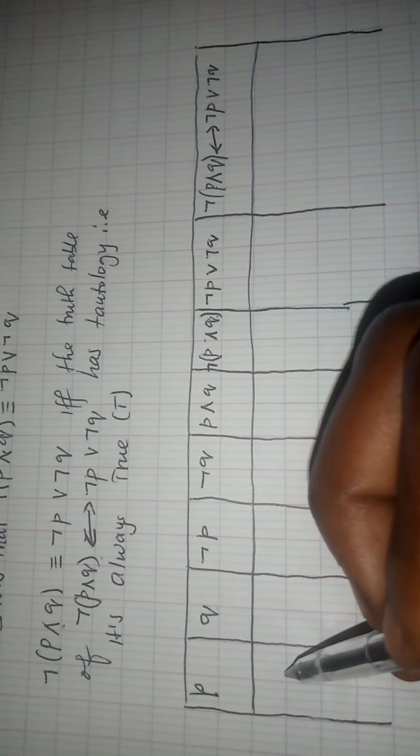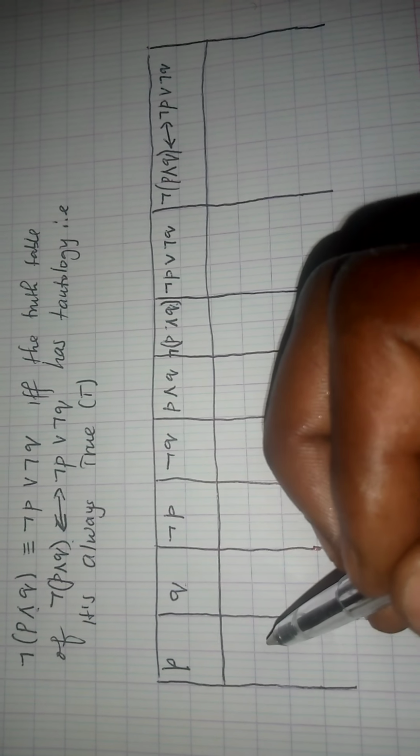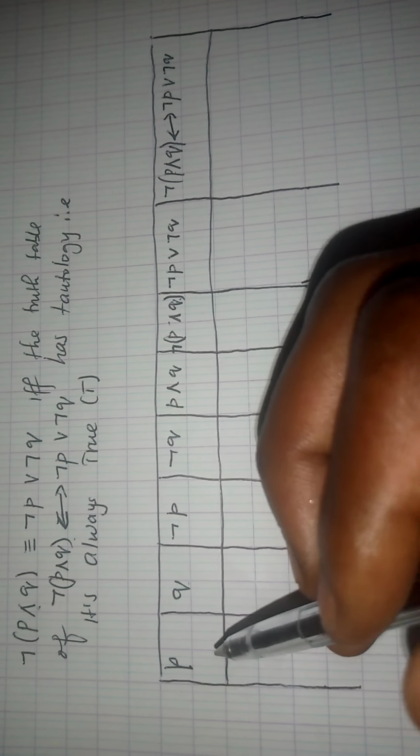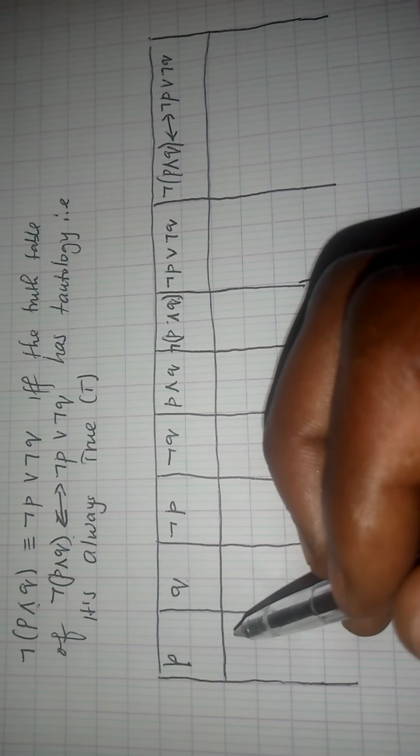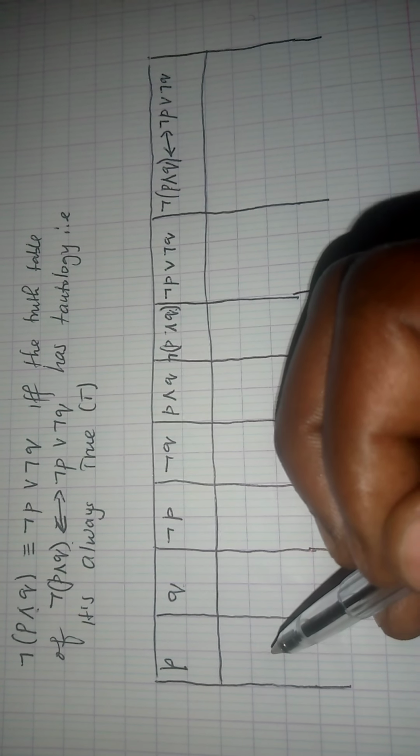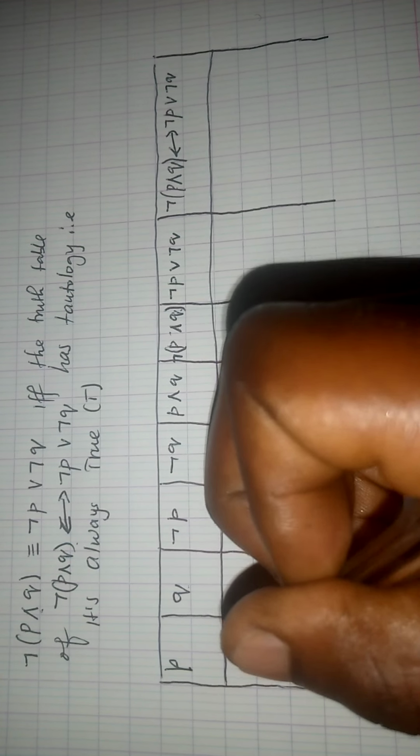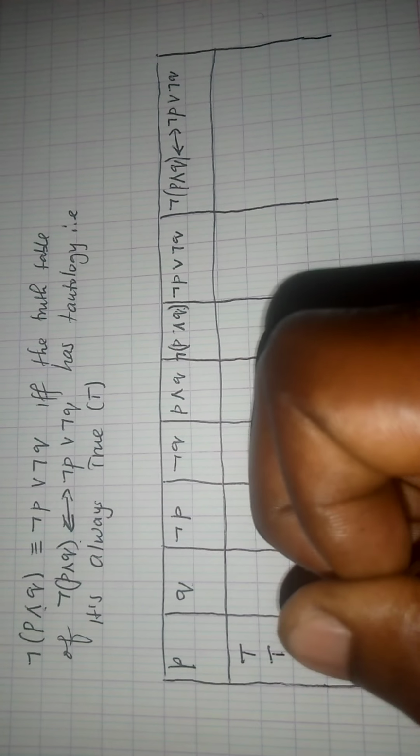The number of truth value rows is equal to 2 to the power of the number of propositions. So here it will be 2 squared, which is equal to 4. Now for P we'll have T and T, and then F, F.